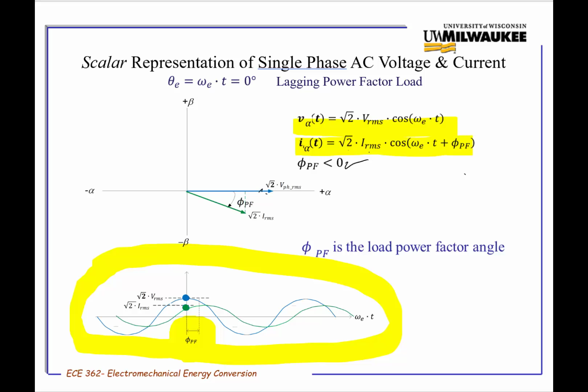And so if you look at this mathematically, first of all, the voltage that we're giving you, V alpha, is referenced at zero angle. It's kind of our point of reference. It's a cosine. And so if you say this point right here at the bottom is t equals 0, at t equals 0, omega e times t is 0, so cosine of 0 is 1, and so you would be at a scalar value of square root of 2 times V RMS.